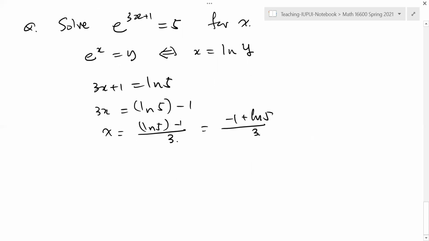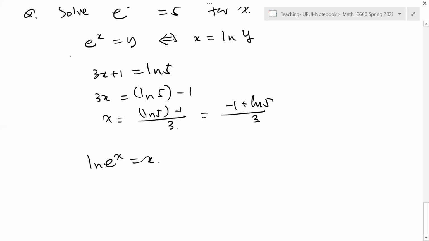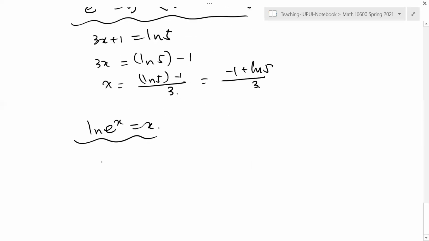Now, another method I'm going to show you uses the formula natural log of e to the x equals x. How can I do that? Well, e to the 3x plus 1 equals 5, right? So I put a natural log on both sides.